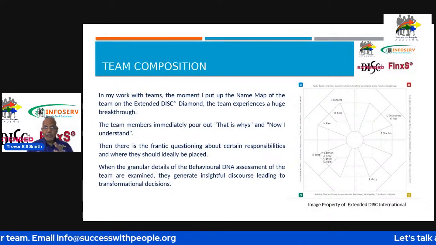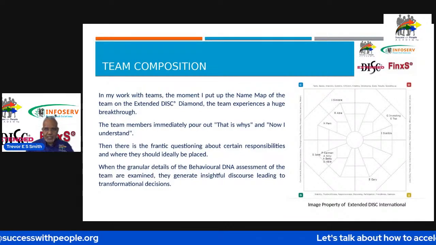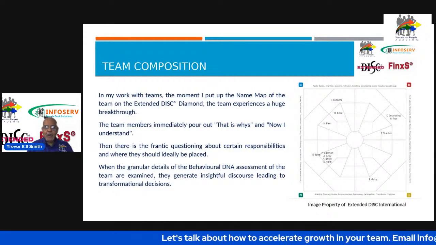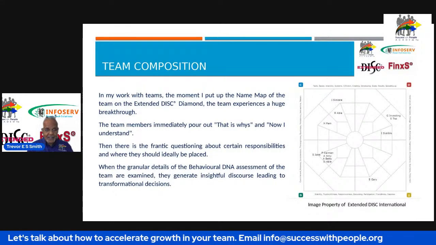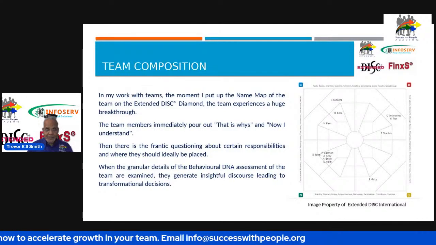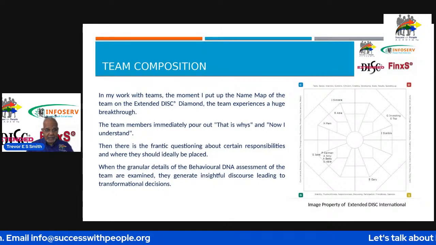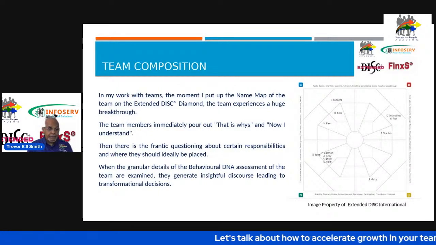But there is also a serious level of questioning as to, if this is where Gary is, why is Gary tasked with proofreading the weekly newsletter? Wouldn't Sincere, who has an eye for more detail and would be more careful, wouldn't she be better suited?